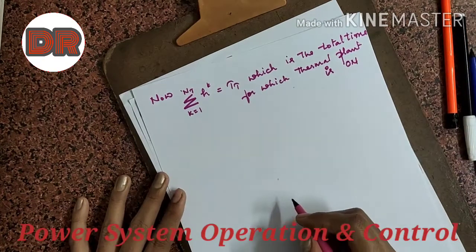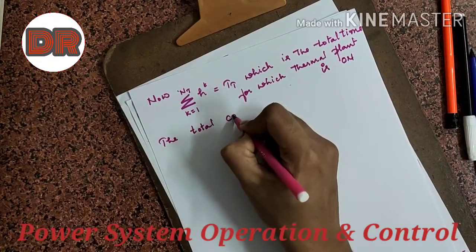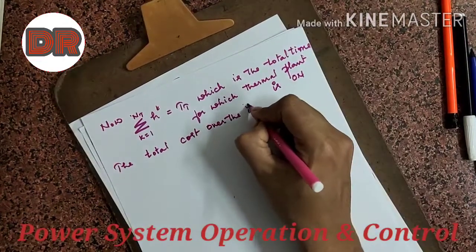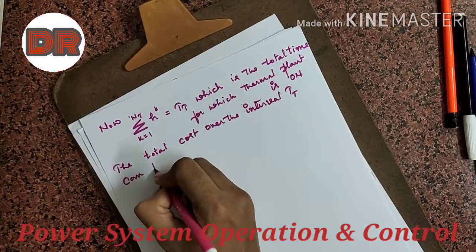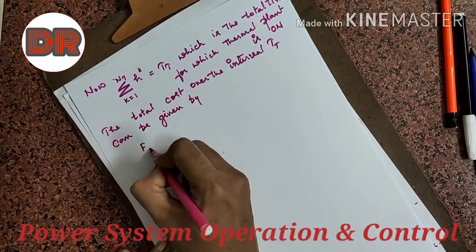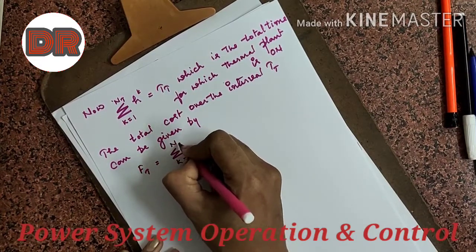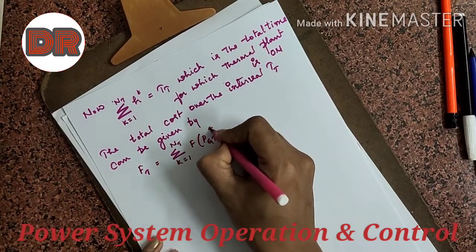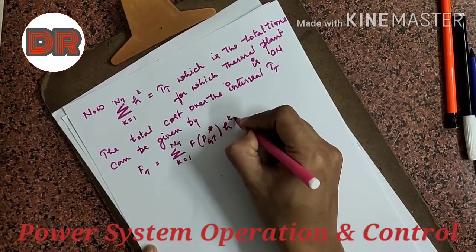Now, the total cost over the interval Tt can be given by, let me write total cost, which is Ft, equal to summation k is equal to 1 to nt of the function of Pgt, which is nothing but, now I will not be writing k over here because that is for that particular instant, and hk.